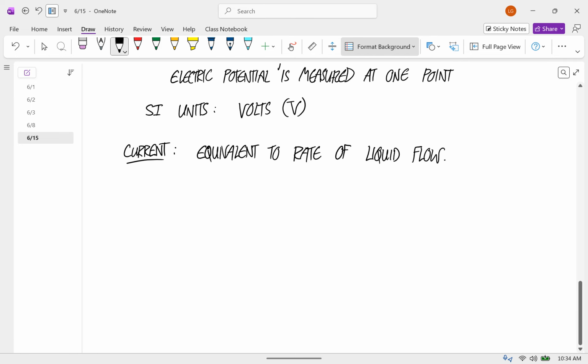So current always flows from the higher electric potential to the lower.